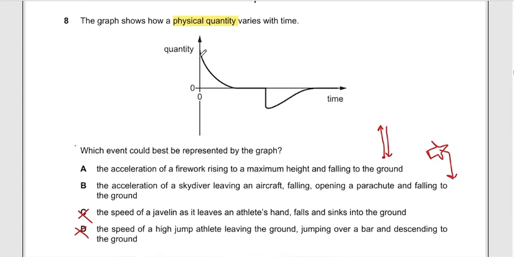Let's scrutinize this graph a bit. We can see that initially the quantity was a lot, and then it gradually decreased, and then it became 0, and then there was a sudden dip, and then it started increasing again.